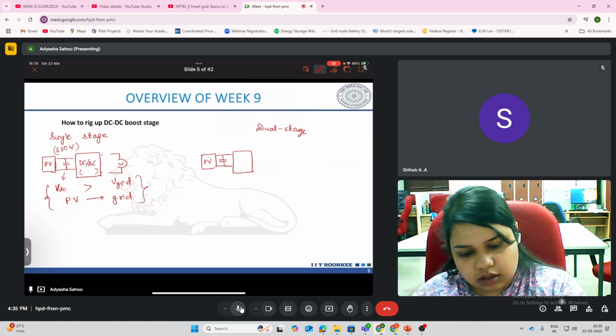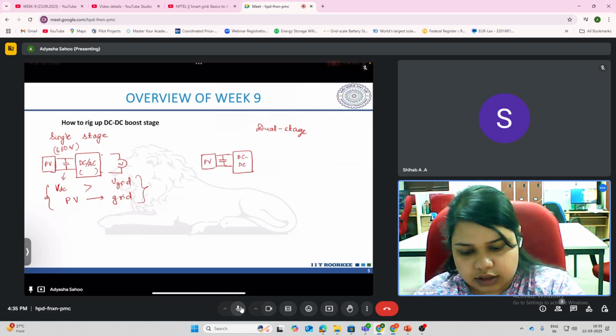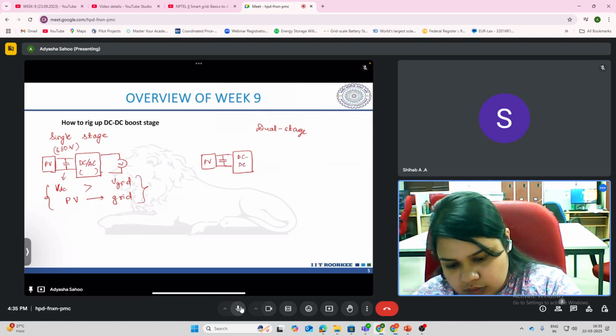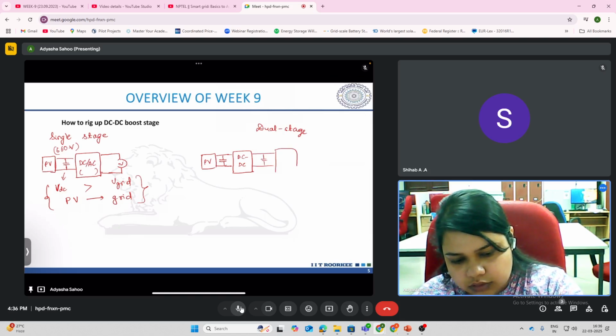Then in the dual stage, what we do is boost up this voltage using a boost converter, a DC-DC converter, and then we have the inverter, and then we have the grid.